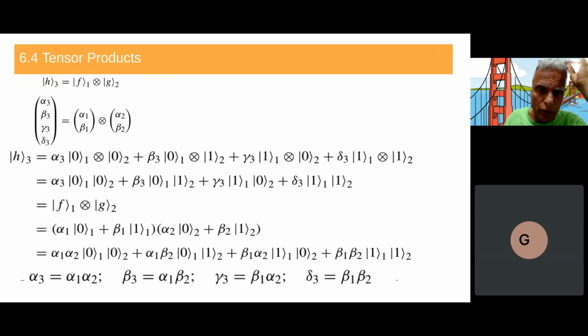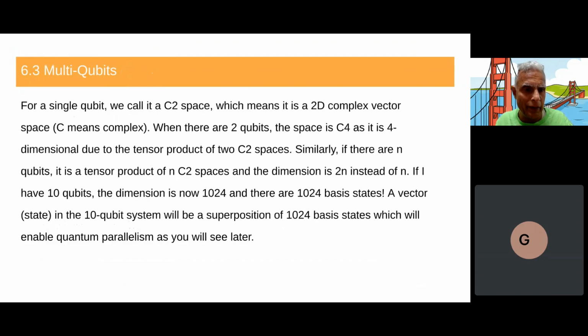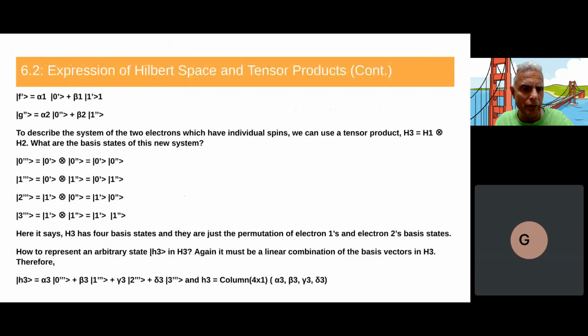So here is the tensor product, again repeating the same with F1 and G with a column vector. We said alpha, beta, delta, gamma. Instead, we are calling them alpha 3, beta 3, gamma 3, delta 3. It doesn't matter, those are essentially the same thing.